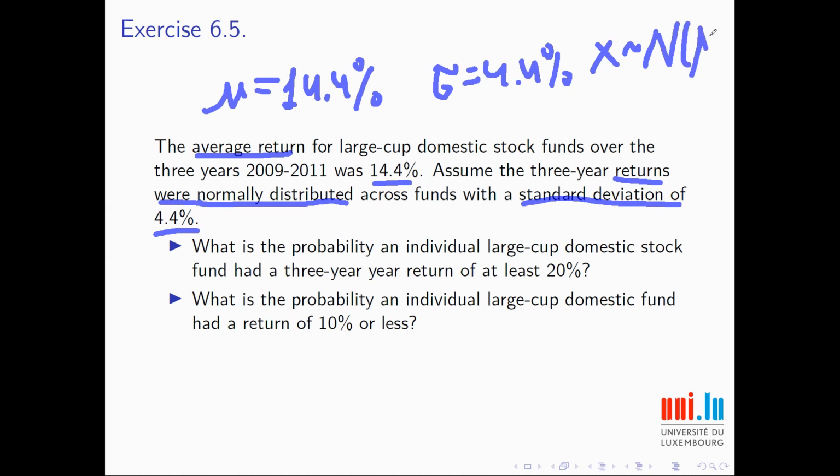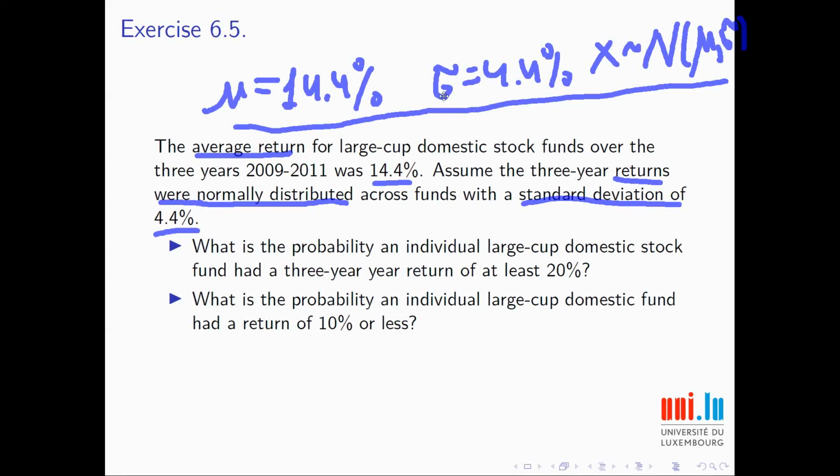And as you remember, it's determined by two characteristics, the mean and the standard deviation. So these are three important pieces of the exercise. If you get them, it means that 50% of the exercise is solved.